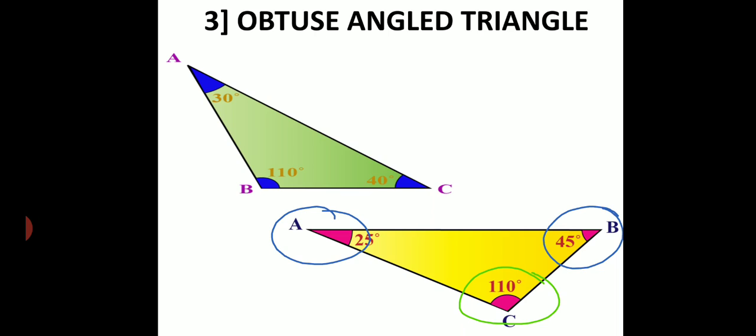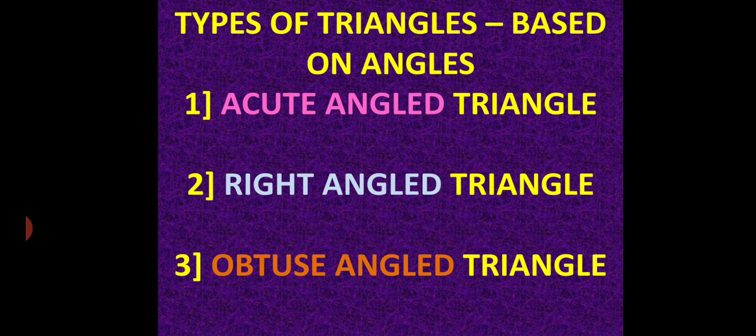And so, as we have done all the three types of triangles based upon their angles, I will sum up by repeating the matter once again. We have learned types of triangles based on angles. The first triangle that we learned was an acute angle triangle.